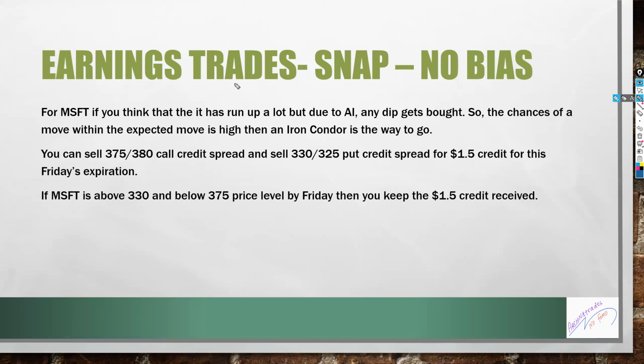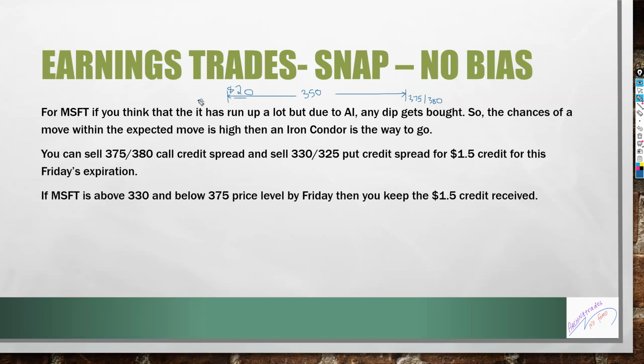So for Microsoft, around a $20 expected move was there. Today, we ended the day at around 350. So you think, okay, it goes 25 up or 25 down, beyond the 20 points. Let's go a little beyond that. So you could sell a 375, 380 call spread.